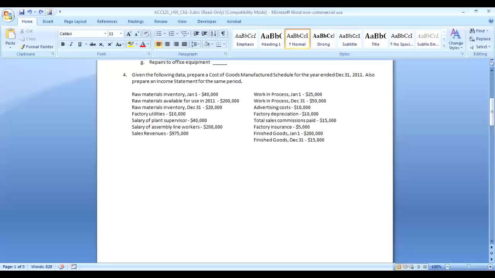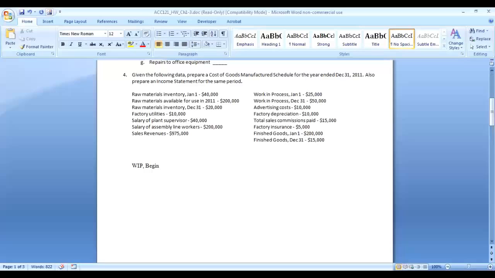So our cost of goods manufactured schedule, what did we always start with on that? Yeah, we always start with our beginning work in process, or work in progress, whichever you prefer.